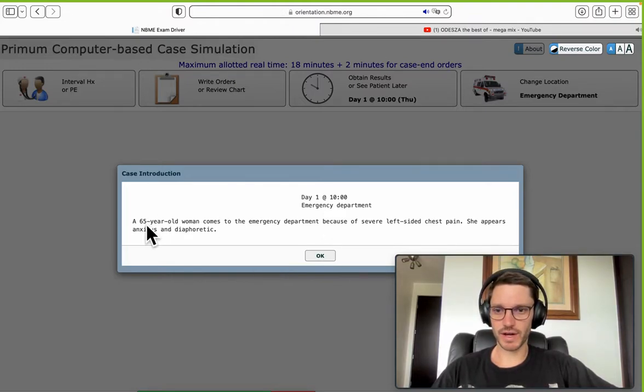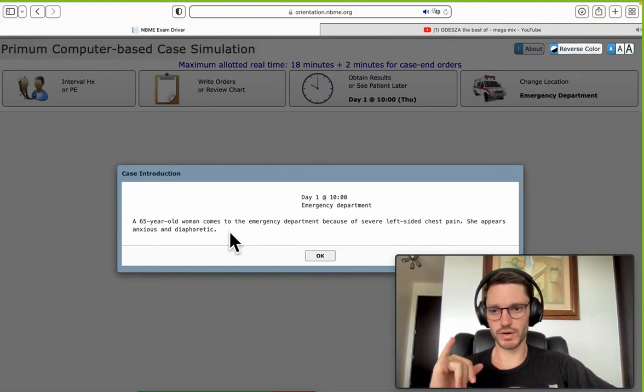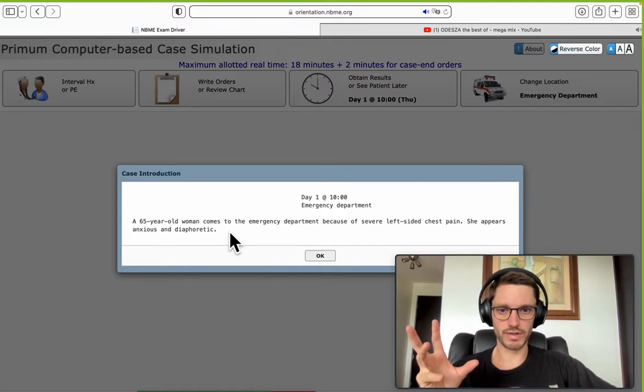A 65-year-old woman comes to the emergency department because of severe left-sided chest pain. She appears anxious and diaphoretic. So first of all, she's not a 21-year-old, she's 65. She's already in an age range that we have to take into account for coronary artery disease. Severe left-sided chest pain, that's important.